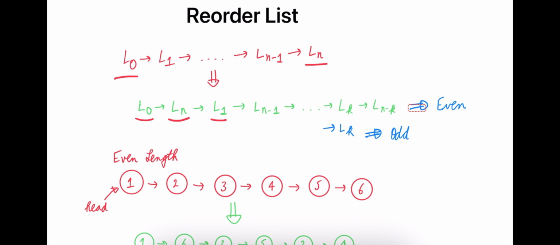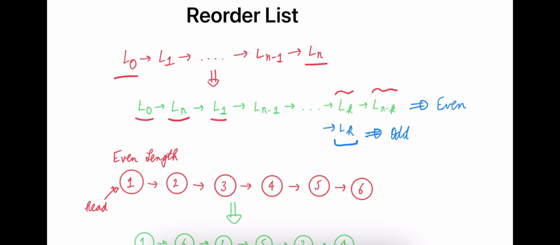So for even length linked list, it would go on till kth node, and the last one would be n minus k. So basically, there would be pairs of nodes, and the last pair would be Lk and Ln minus k. And if the linked list length is odd, then the last node is going to be Lk.